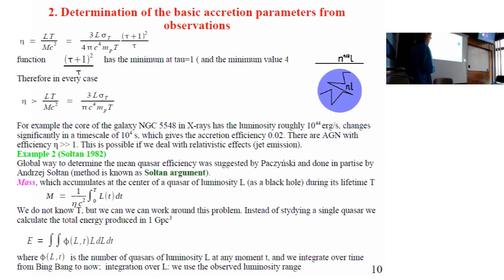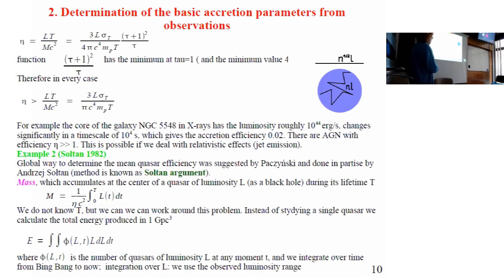Now, the second example of an intelligent method to calculate the efficiency. It's also used from time to time, and it's quite important and quite strong if you want to determine the spin evolution across the ages, because direct spin measurements in AGN are quite difficult and unreliable.